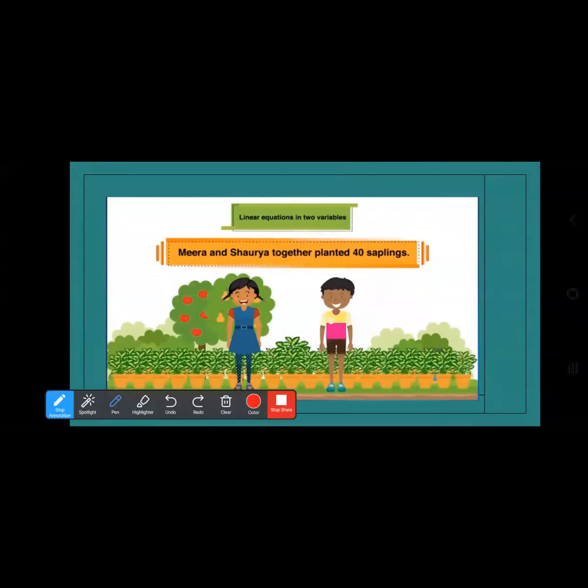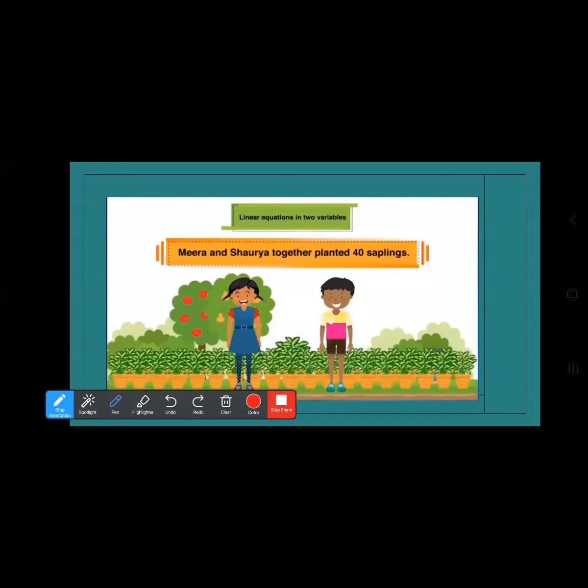Meera and Shaurya together planted 40 saplings. Now this is actually a statement, and a statement you need to convert into an equation.